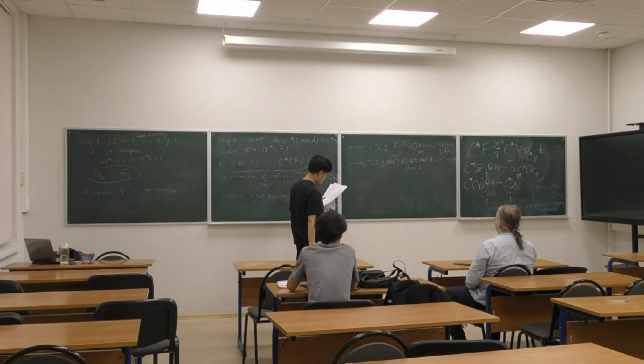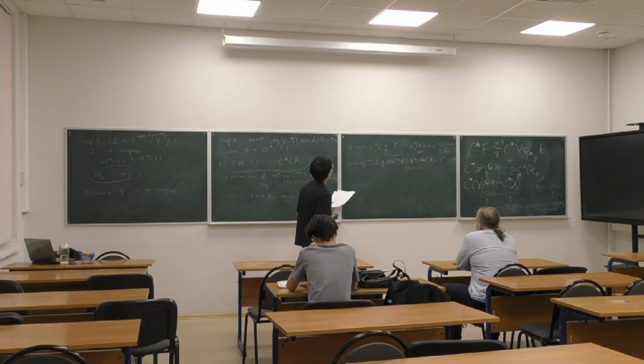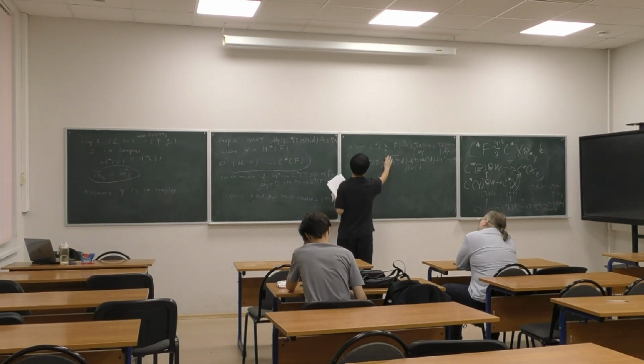Now we want to extend it. Once again, which are the arrows that we already have, and which are the ones we want to construct? Why does this map exist?